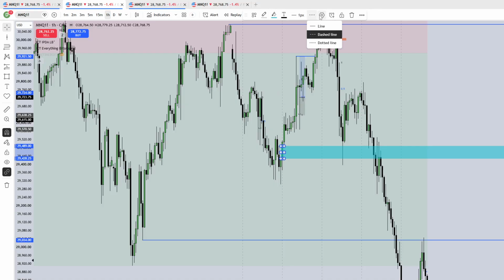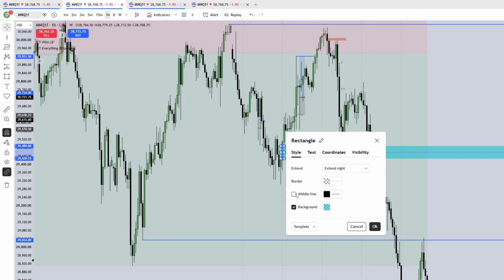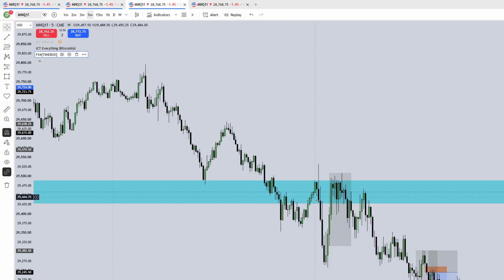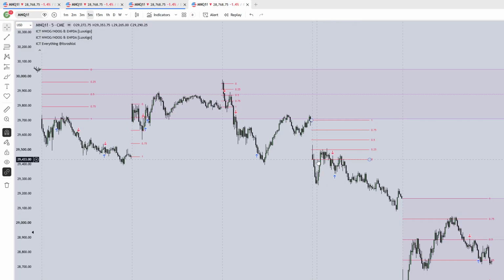So I'll draw the midpoint. So Thursday, we gap down, and we're not even close to the midpoint. So that tells me we're not going to go up here. We're just going to keep seeking lower prices.